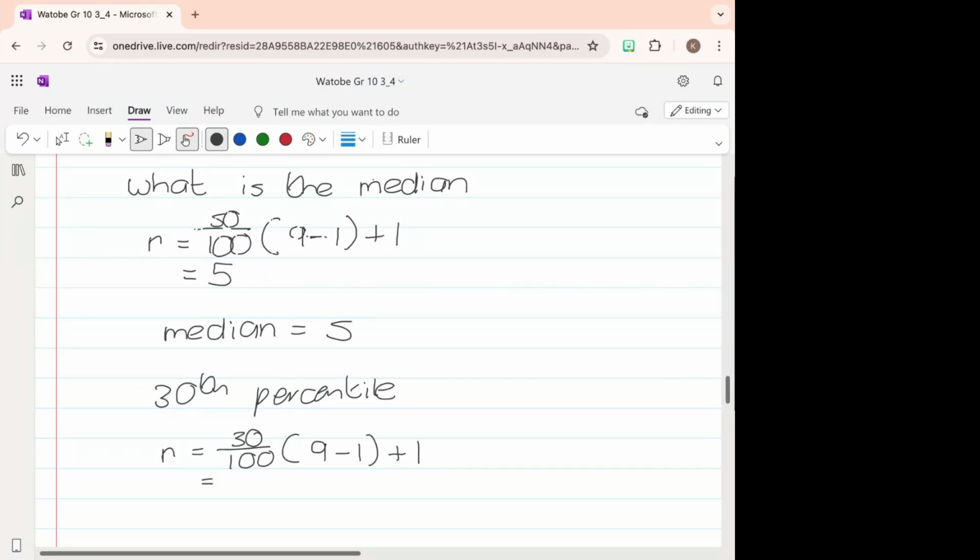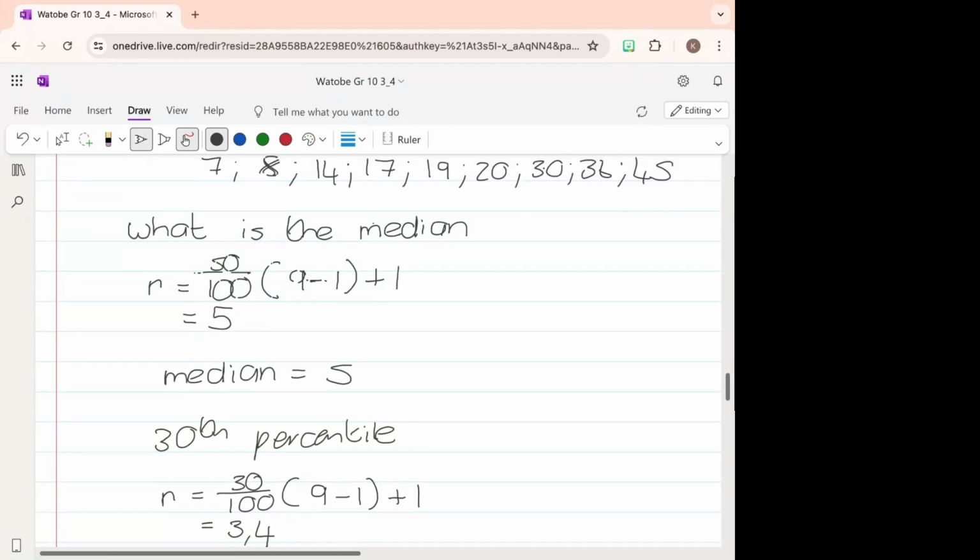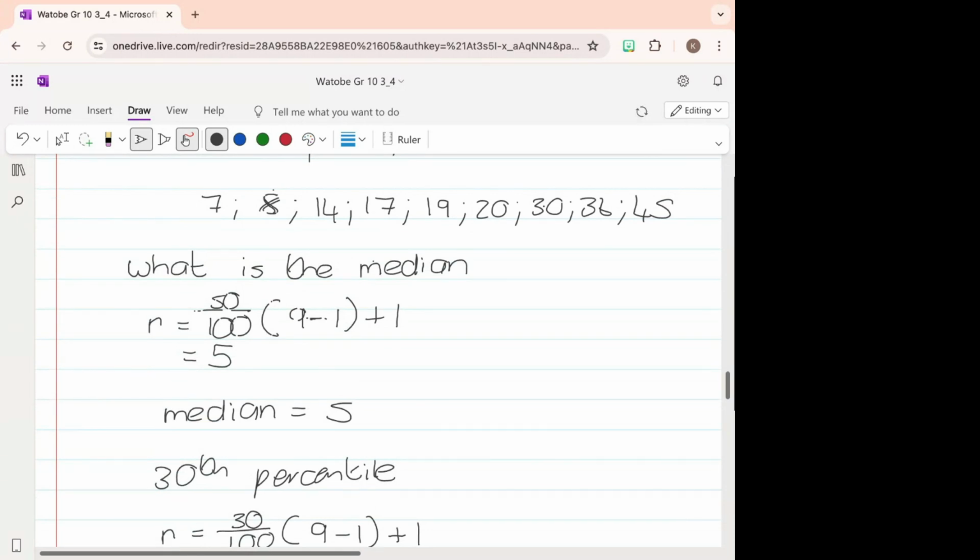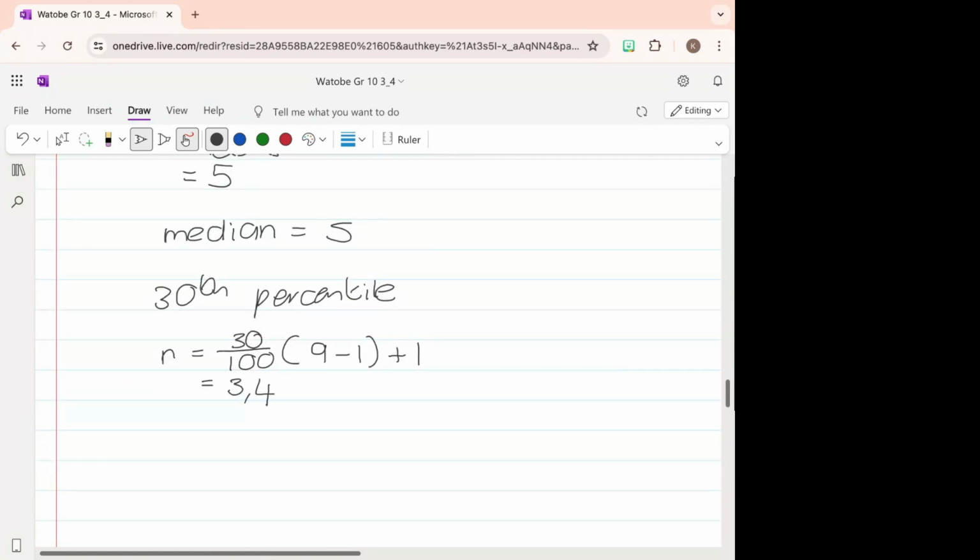You got 3,4 already. Cool. 3,4. All right, so let's go find 3. So 1, 2, 3. So it's 14. I agree with you. So 14 plus 0,4, guys. So it's not quite half.